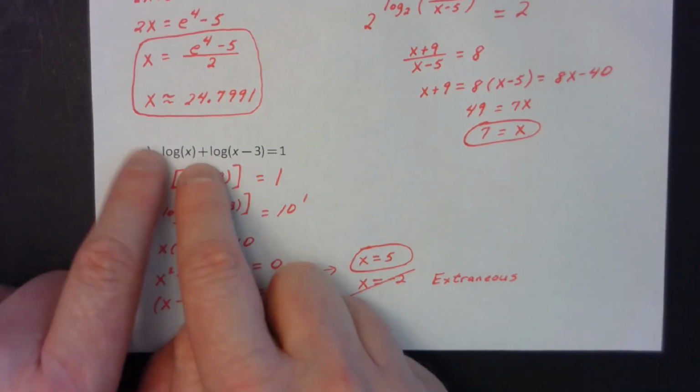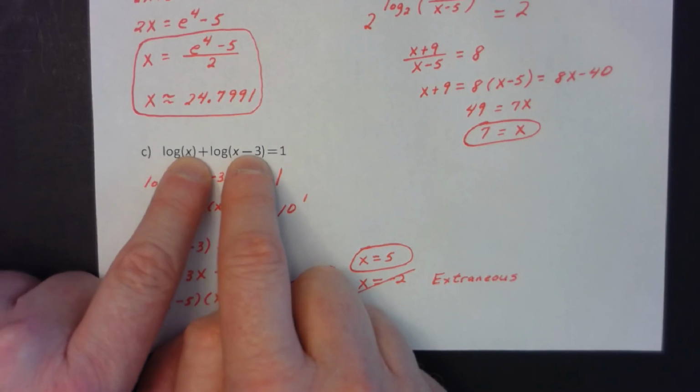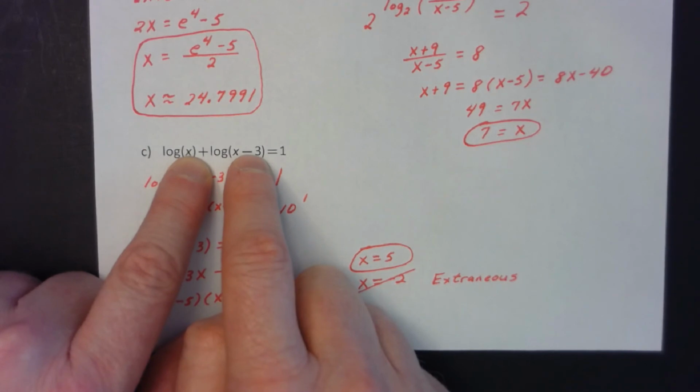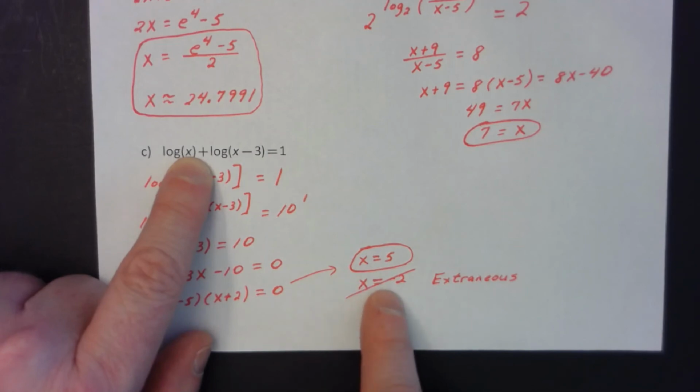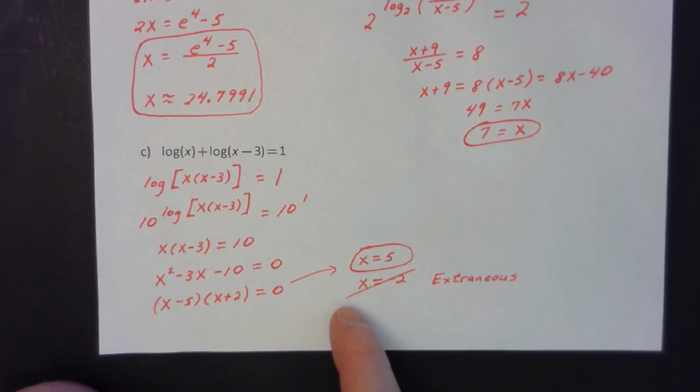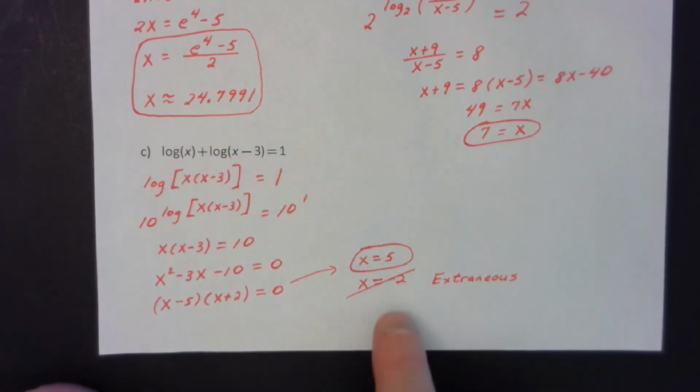It can't, because actually in both of them it causes a negative. You'd have the log base 10 of negative 2 and the log base 10 of negative 5. You can never, ever have a negative number or a 0 inside of a log. That automatically causes an extraneous value. So it's a value that you arrive at through correct algebra that is not part of the domain of the original problem. So you say that cannot be an answer, extraneous. Our only answer is x equals 5.